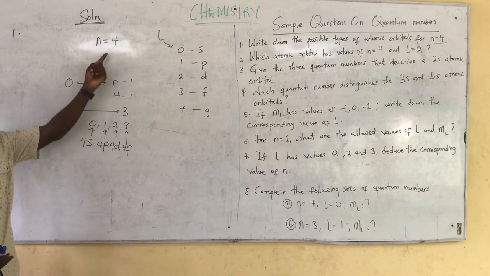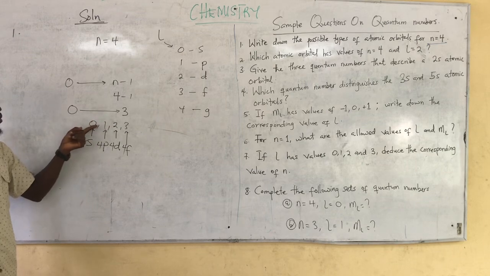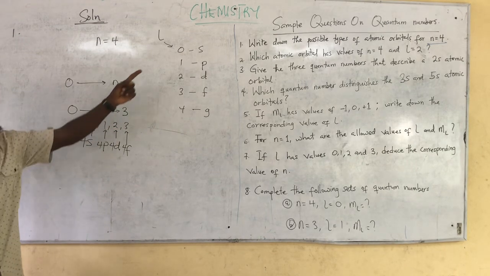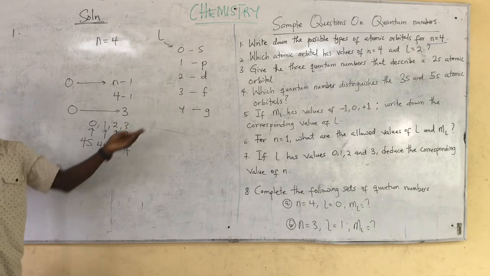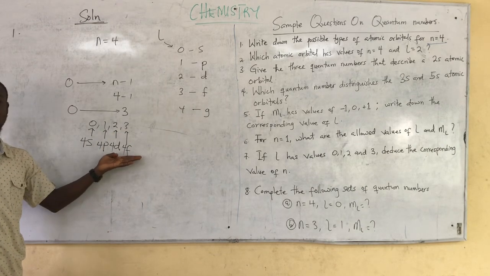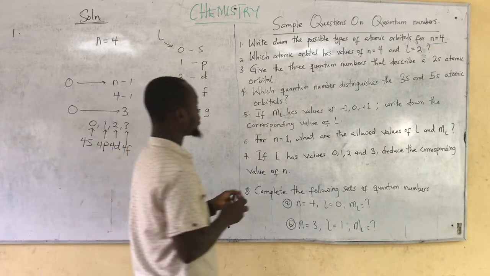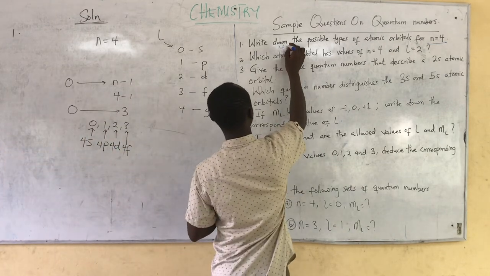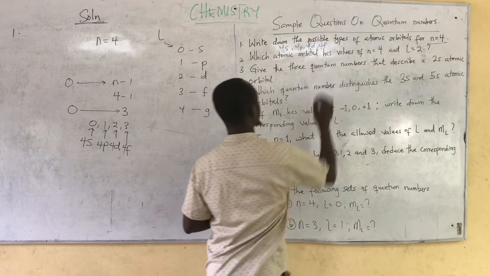If n is equal to 4, 4 minus 1 is 3. The value range from 0 to 3 is 0, 1, 2, 3. 0 is the s orbital, 1 is the p orbital, 2 is the d, 3 is the f orbital. So these are the orbitals present in the fourth energy level. And that is the solution for question 1. In question 1, we have the 4s, the 4p, the 4d, and the 4f.